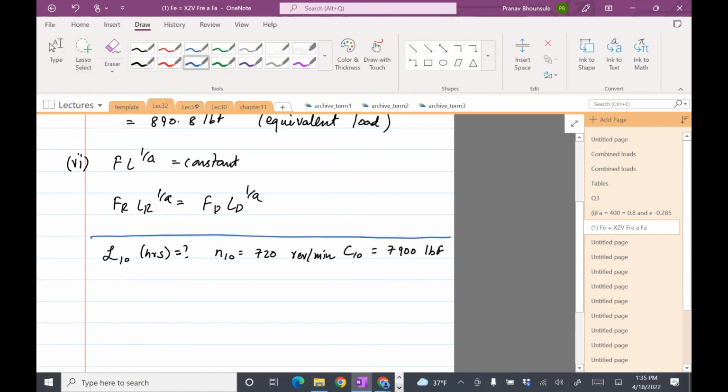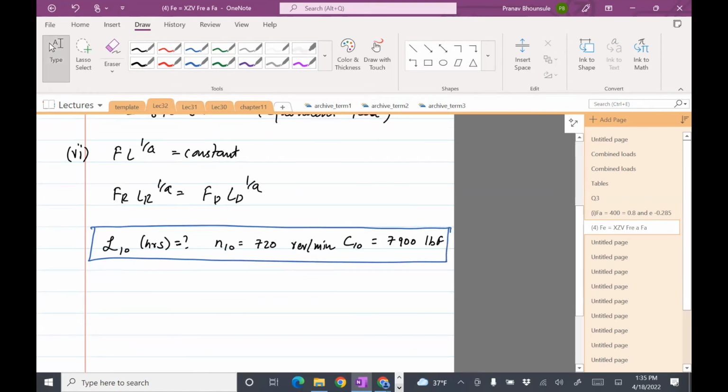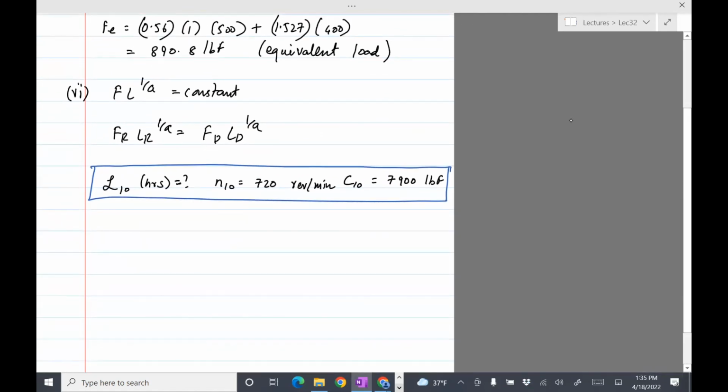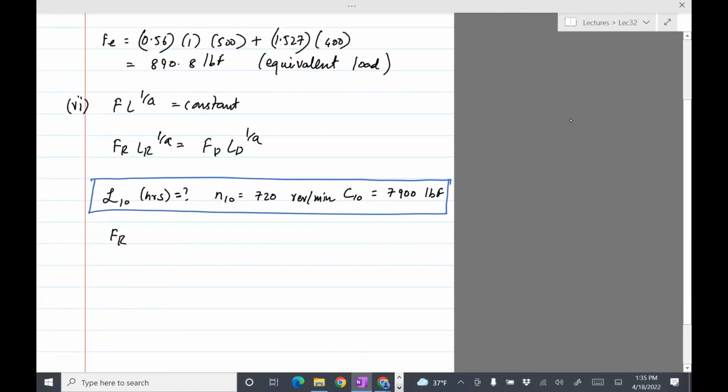Okay, so this is copied. C10 is given, FE is computed. So the rated one is the unknown.